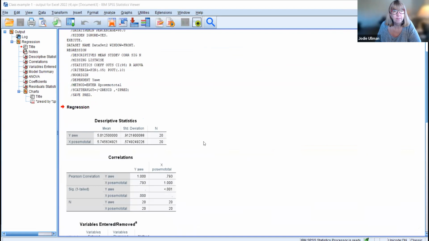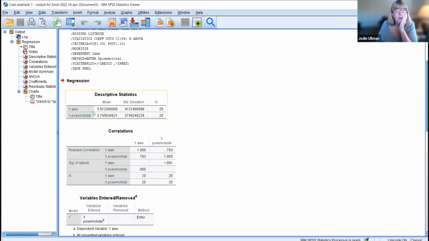And so it's comforting to see we have the same means and same standard deviations as we did before. It's really handy to have the SPSS output.